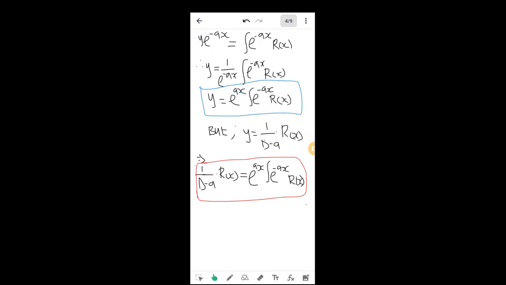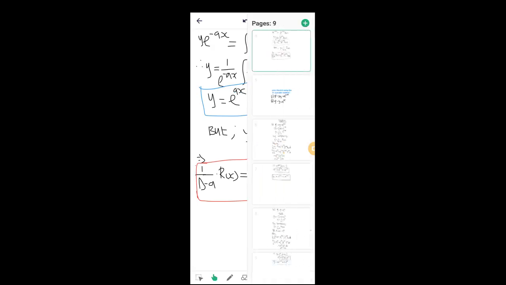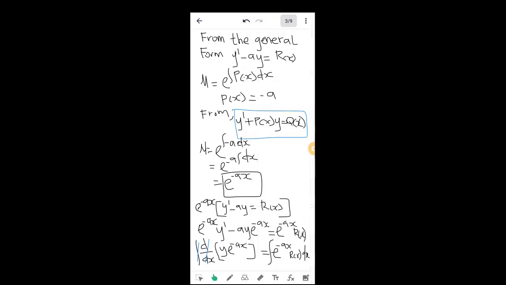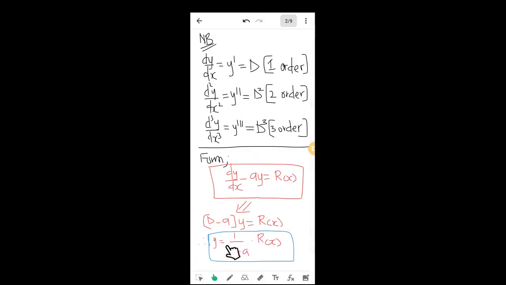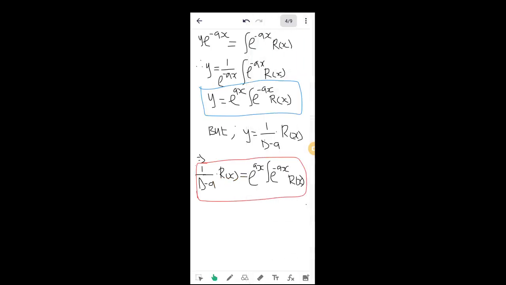But from here we saw y to be 1 over D minus a, that's when we apply the D operator on the general form of the first order linear differential equation with constant coefficient. So y is equal to 1 over D minus a r of x from the previous slide, and it is here.